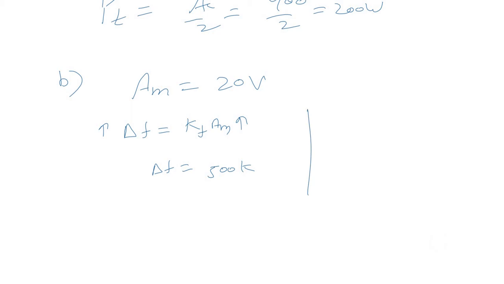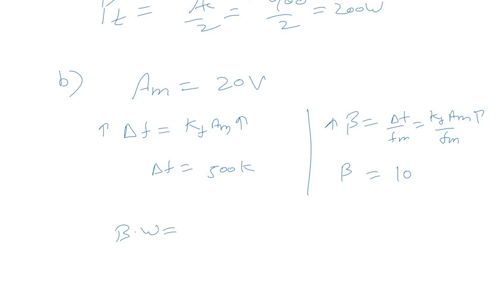Second thing, beta is delta f divided by fm, or you can say kf Am by fm. So if Am is doubled, beta will also be doubled. Beta earlier was 5, now it becomes 10. What about the bandwidth now?